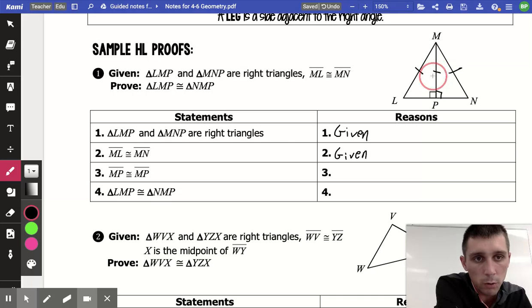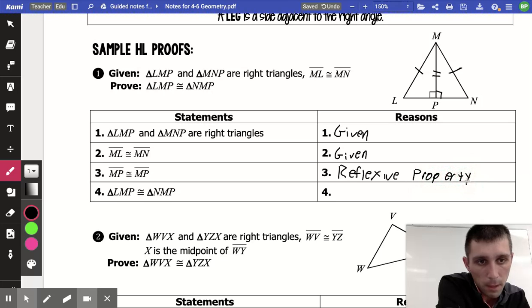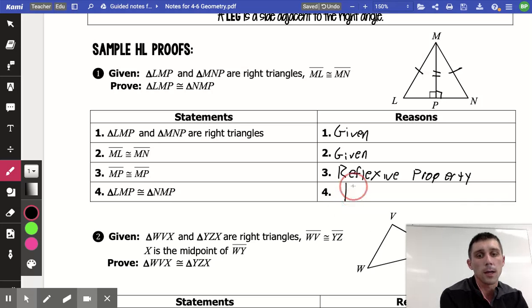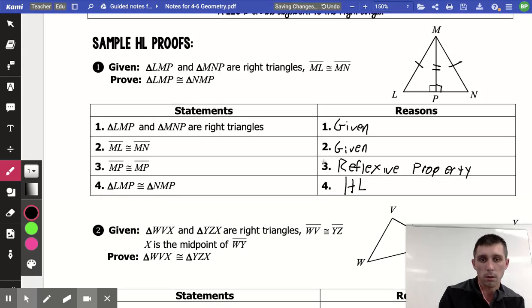Which side do the two triangles share? MP. MP congruent to MP by the reflexive property. And now triangle LMP and NMP is all by HL, hypotenuse leg.